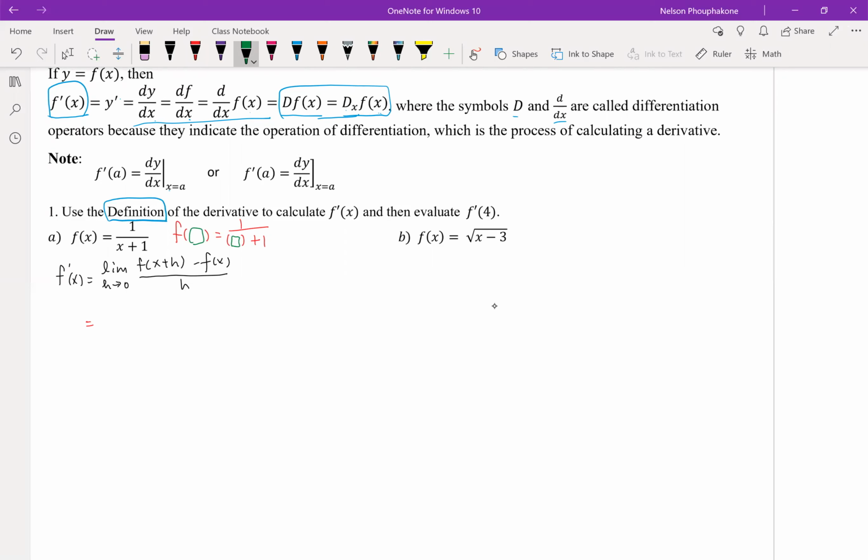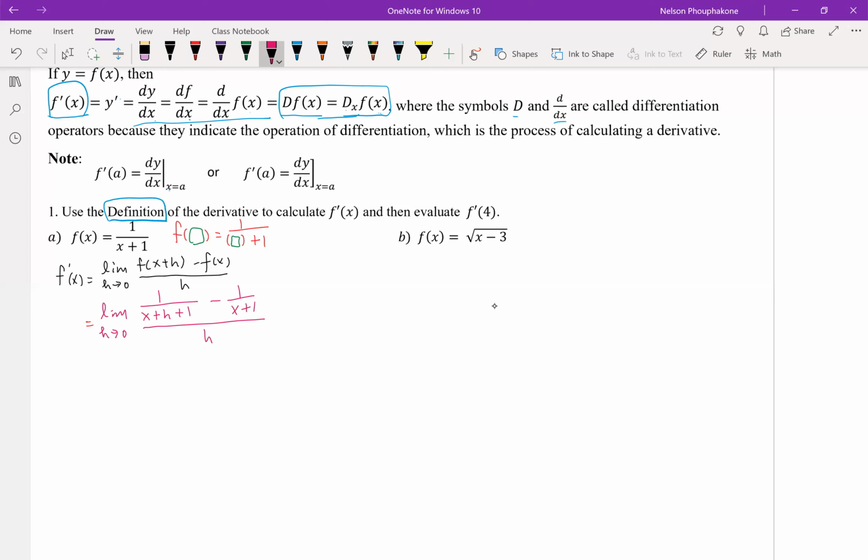To translate from the function notation to the expression, I take the limit as h approaches 0 of 1 over x plus h plus 1, minus 1 over x plus 1, all over h.